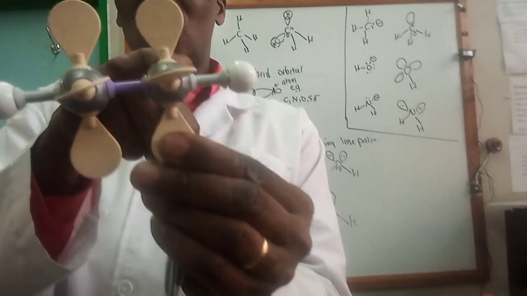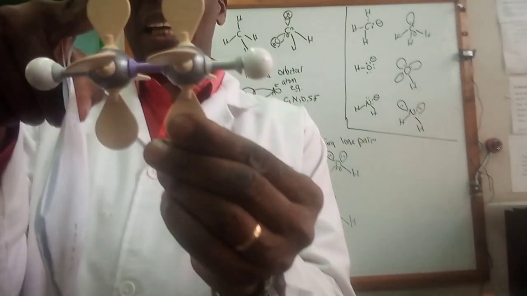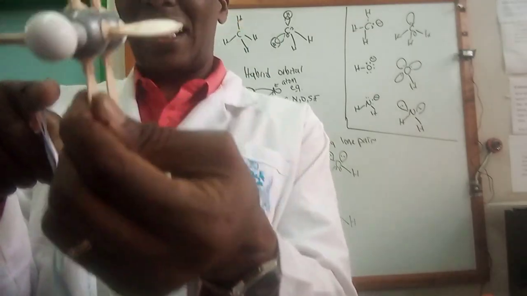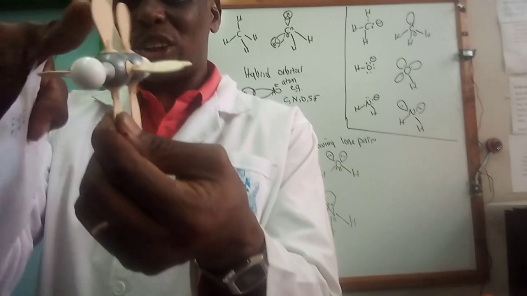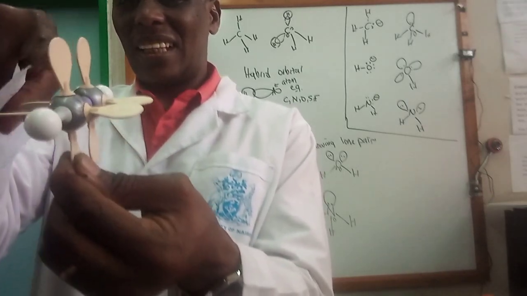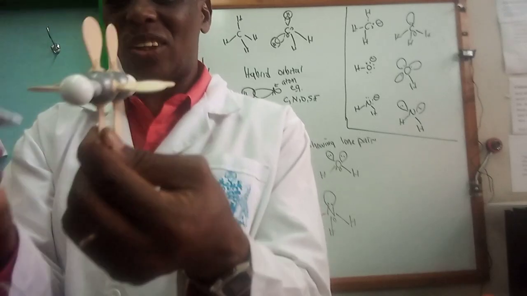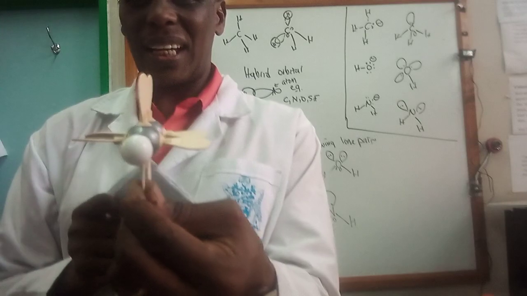It's just being shown here, the carbon and then the hydrogens. So this is linear. Can you see here? You've got one set of p orbitals along the z-axis, and the other one is along the y-axis.